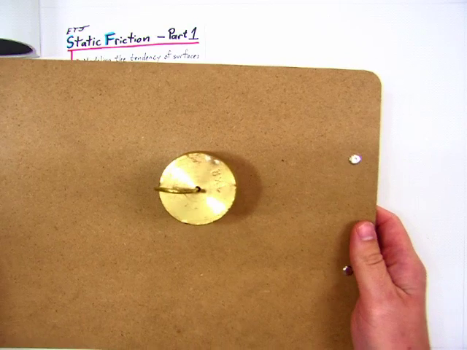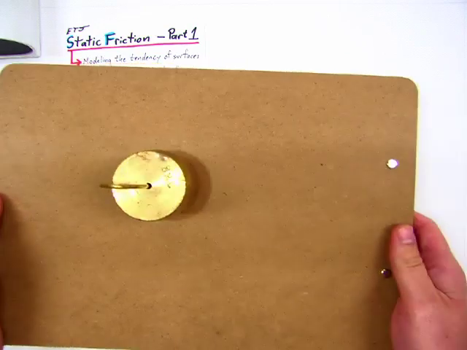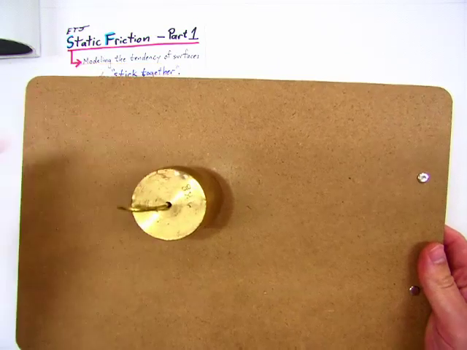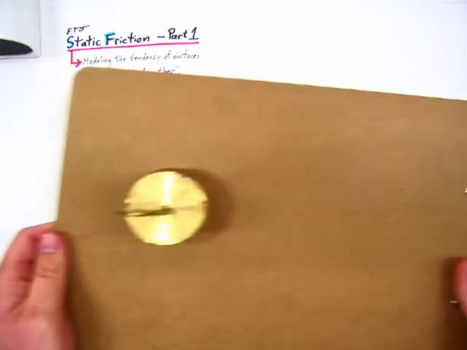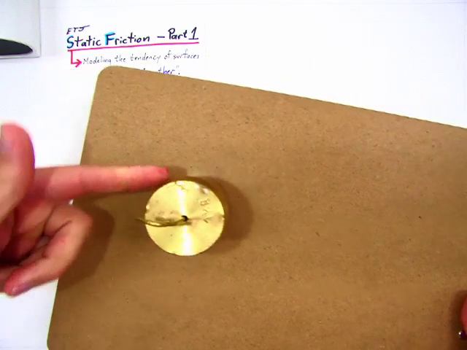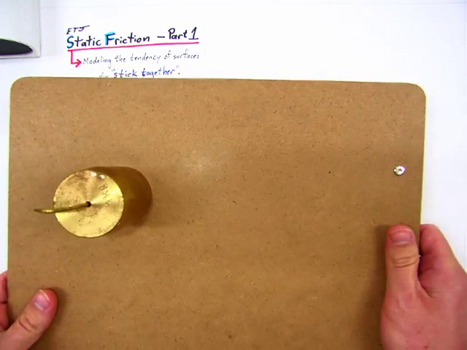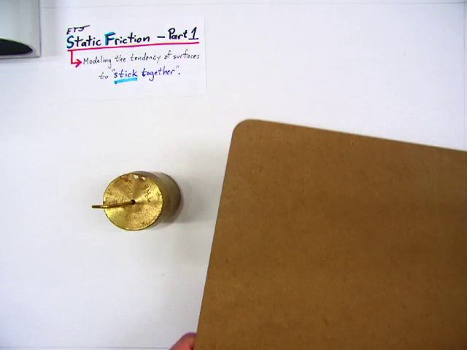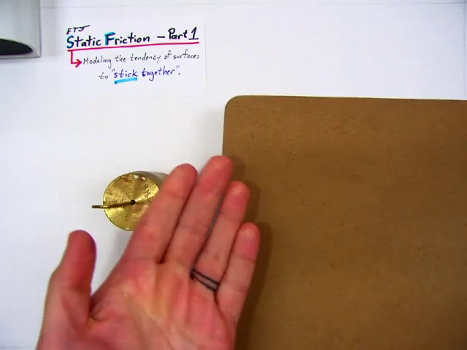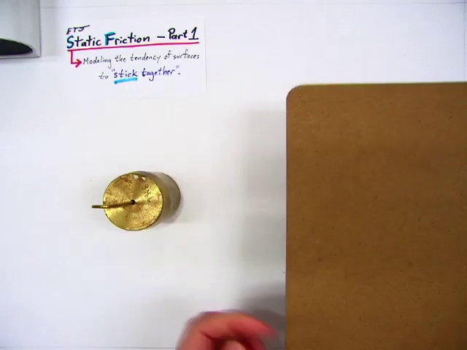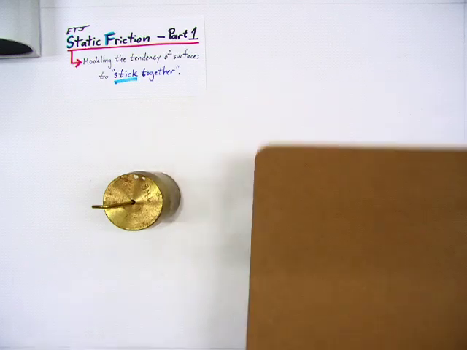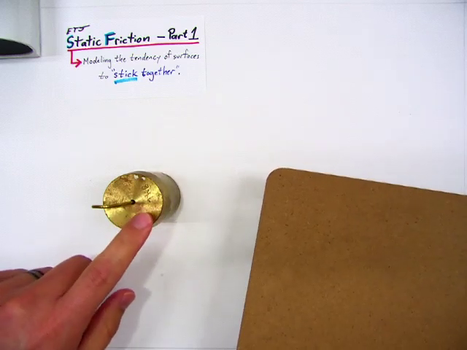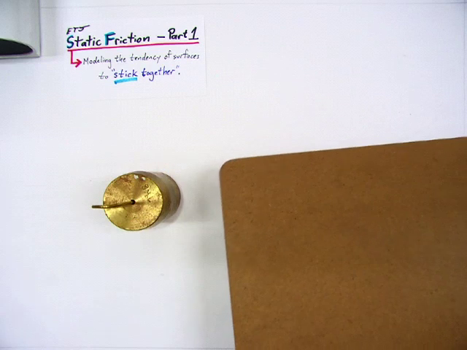I can pull the tray to the right again, and I broke static friction between the mass and the tray. I can keep doing that, breaking static friction between the mass and the tray, all the way until the mass slips off. And what I've done is sort of slide the tray out from underneath the mass by giving the tray a bigger acceleration than static friction can provide to the mass, because static friction has a maximum value.